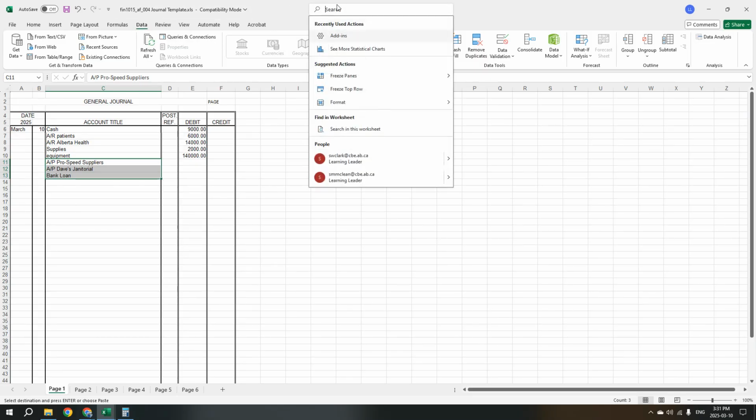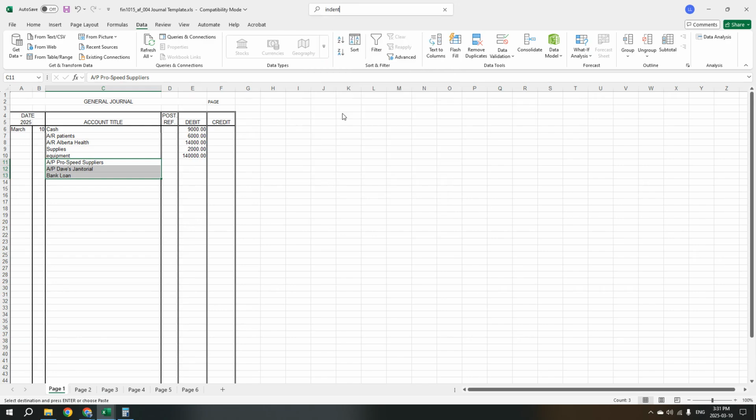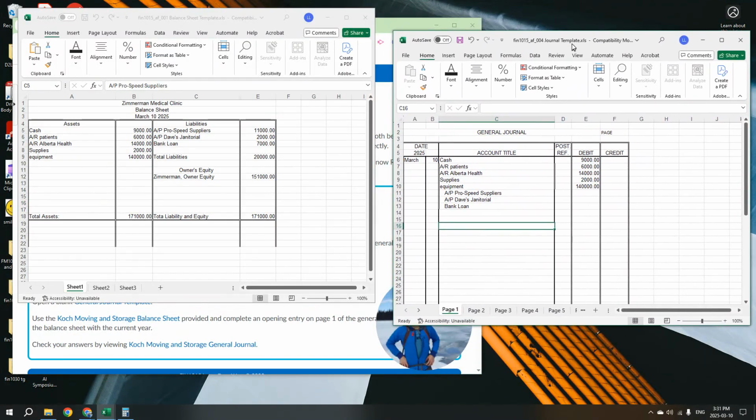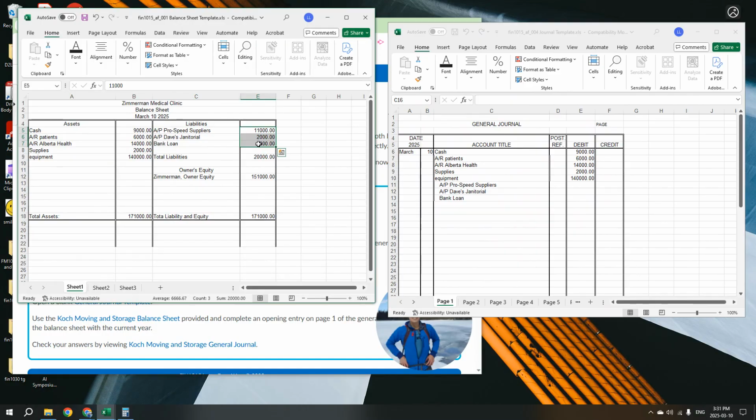Oh, this is what's indented. Increase indent. Boom, done. Okay, easy. You don't need to put in spaces. You can just ask Excel to do the things that you want.